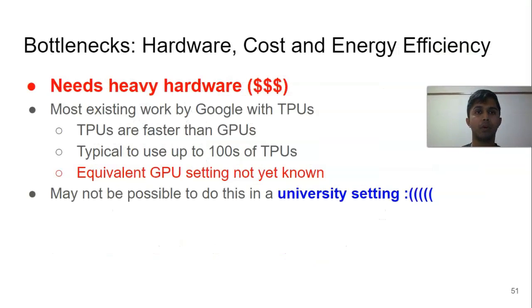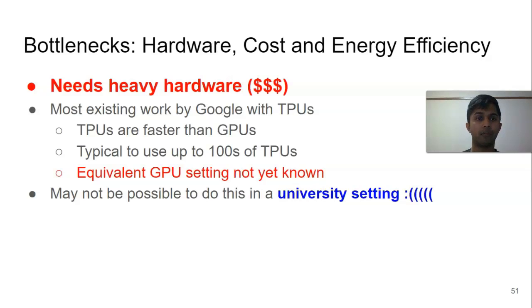Now let's talk about some bottlenecks. Massively multilingual training needs some heavy hardware, which translates to requiring a lot of money, which means these kinds of experiments can typically be done only in industrial setups. Next, most existing work has been done by Google with TPUs. TPUs are faster than GPUs, and it is typical to use hundreds of TPUs for these experiments.